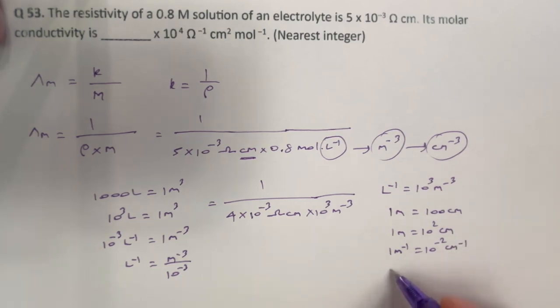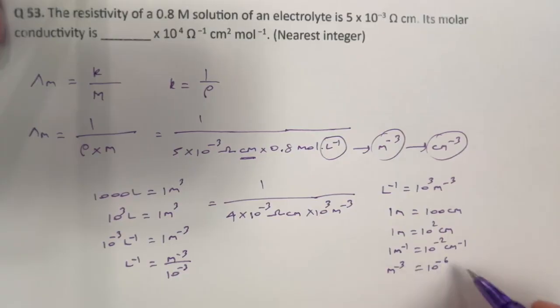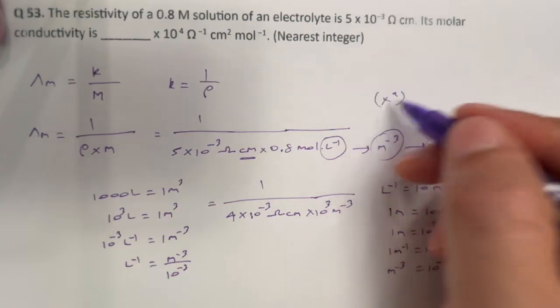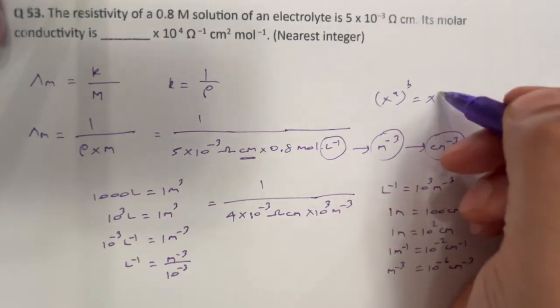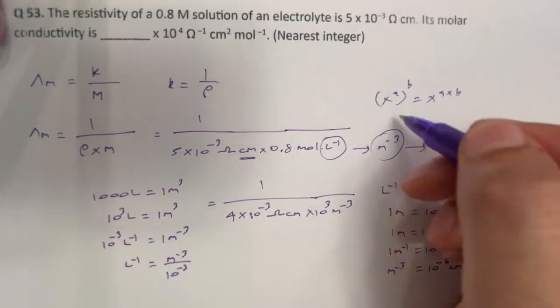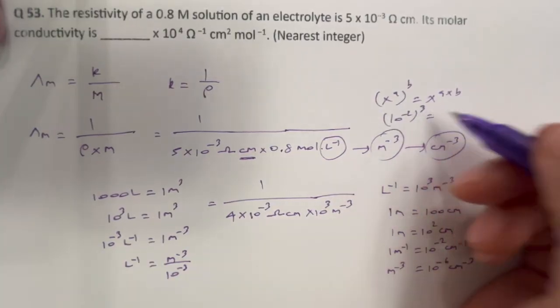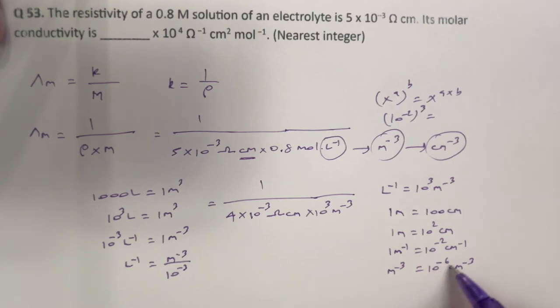So if we are cubing it on both sides, then it would become 10 to the power minus 6 per centimeter cube, isn't it? Because we are basically cubing. x to the power a to the whole power b, we can write it as x to the power a times b. So if we have 10 to the power minus 2 to the whole cube, then that would become 10 to the power minus 6. That's what I have written here.